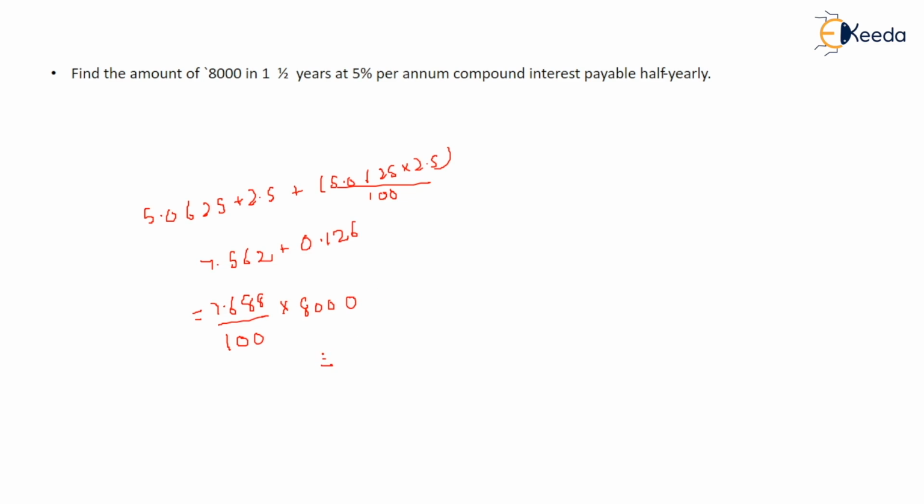So what you get here is the compound interest. The compound interest that you get is 615.08, and what I told you, amount equals principal plus compound interest.